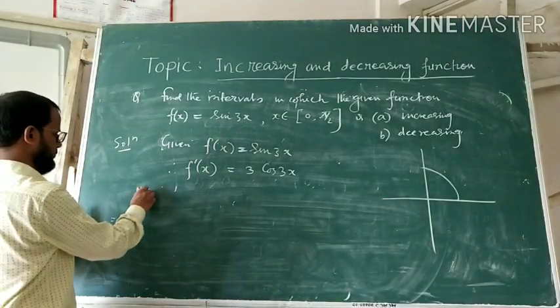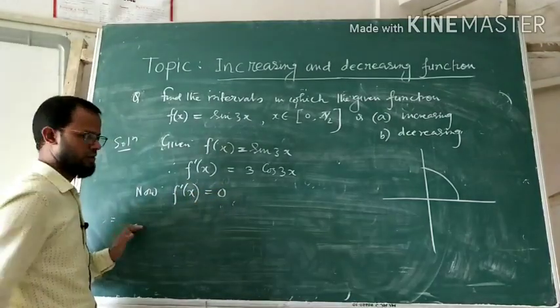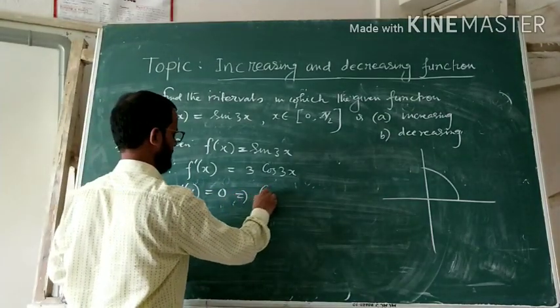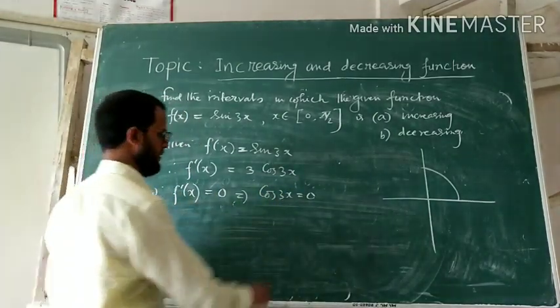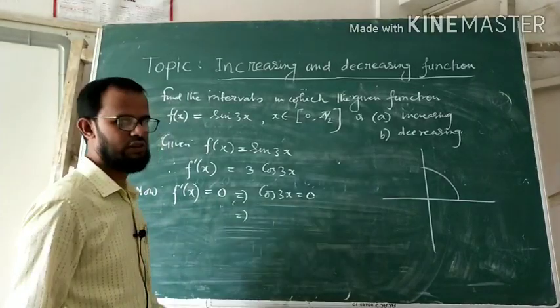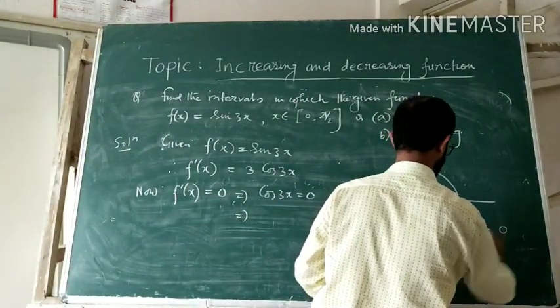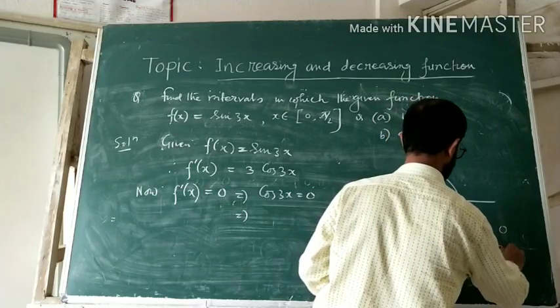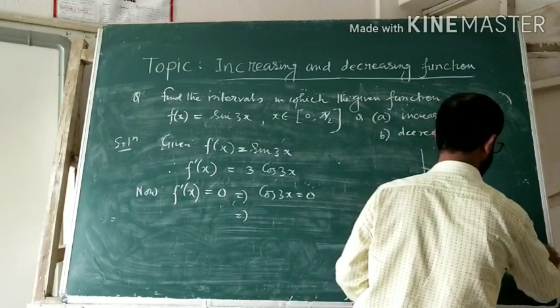Now find the critical point by putting f dash x equal to 0. F dash x equal to 0 means cos 3x is equal to 0, since the 3 cancels. And you know that cos theta equal to 0 gives a general solution.